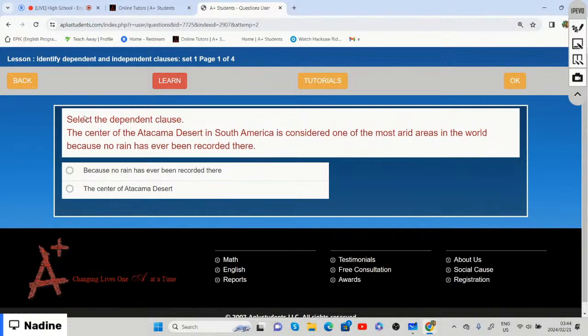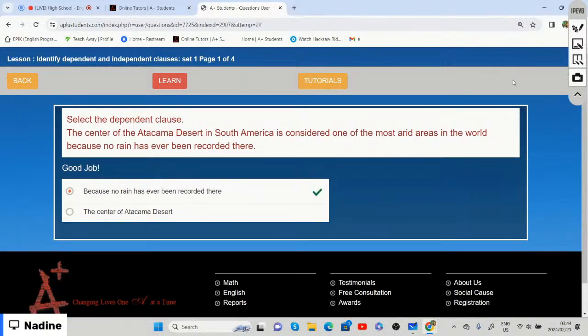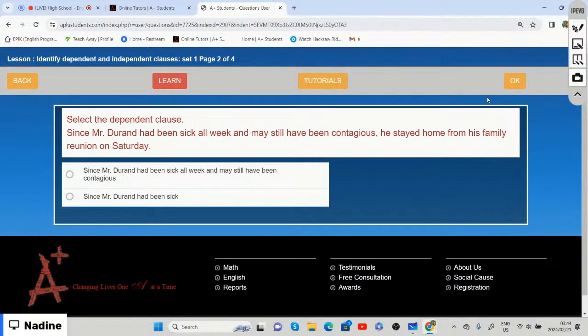And we will say the dependent clause is because no rain has ever been recorded there. And that is correct. And it even starts with a subordinating conjunction.